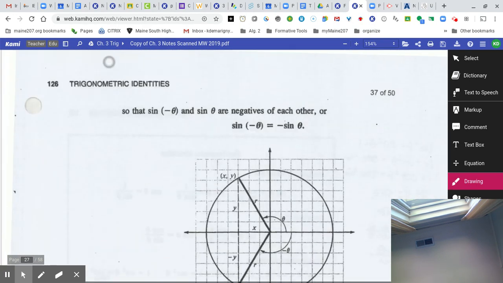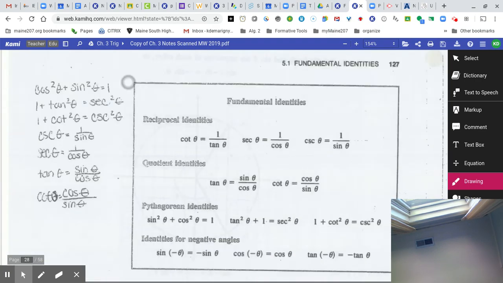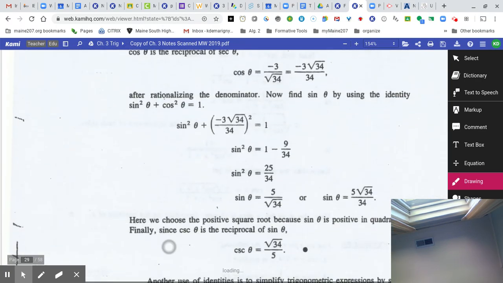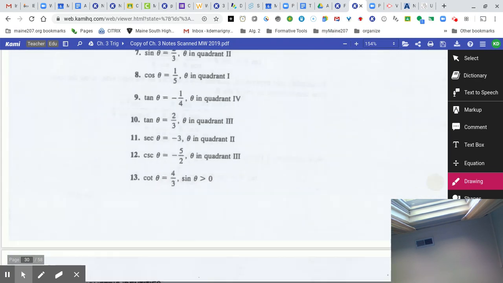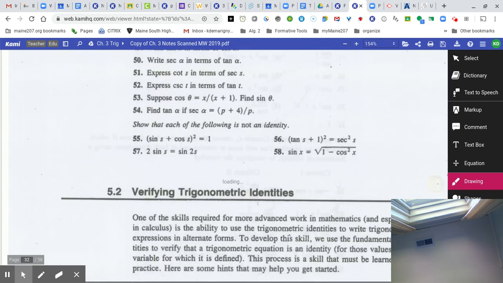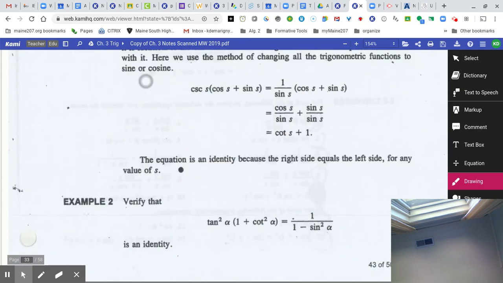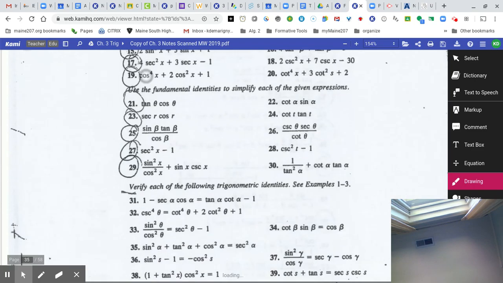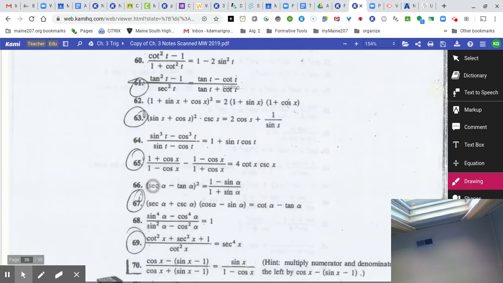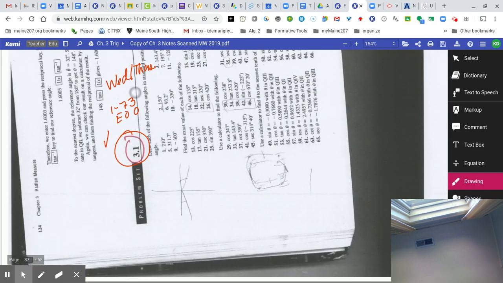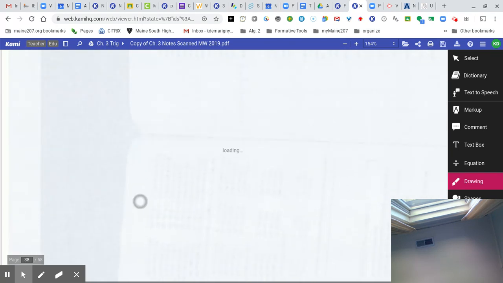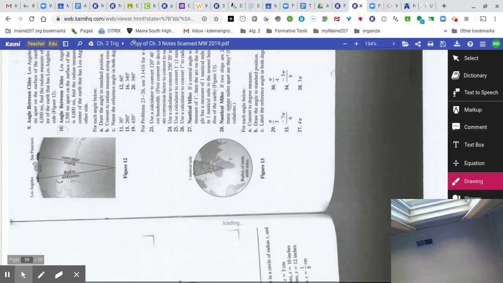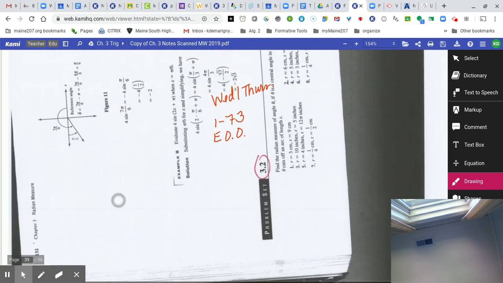I'm going to scroll down to your last homework assignment. So your last homework assignment is going to come out of 3.3. So I know they're kind of weird in this packet. I apologize for that, but I'm really happy that I had this packet done. So there was 3.1. This was your Wednesday, Thursday assignment.